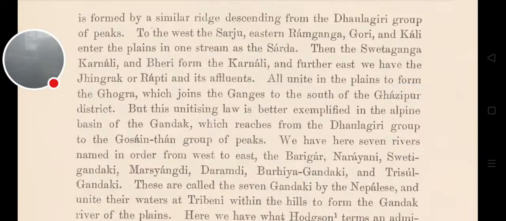To the west, the Sarju, eastern Ramganga, Gori, and Kali enter the plains in one stream as the Sarda. Then the Svetaganga Karnali and Bheri form the Karnali, and further east we have the Jingrak or Rapti and its affluents. All unite in the plains to form the Gogra, which joins the Ganges to the south of the Ghazipur district.